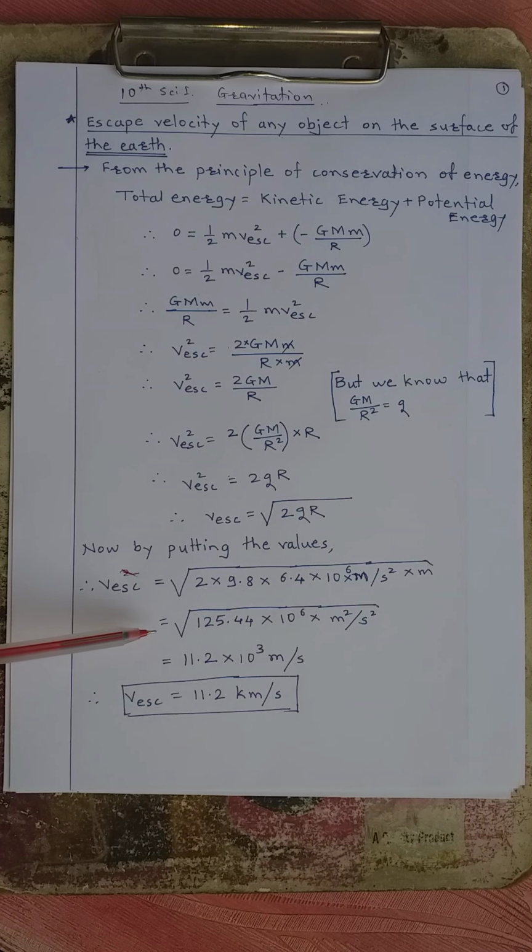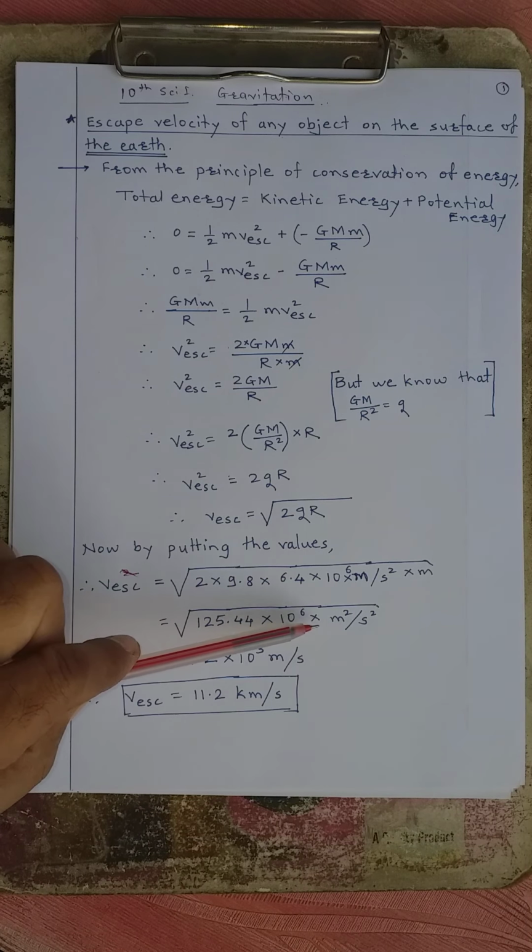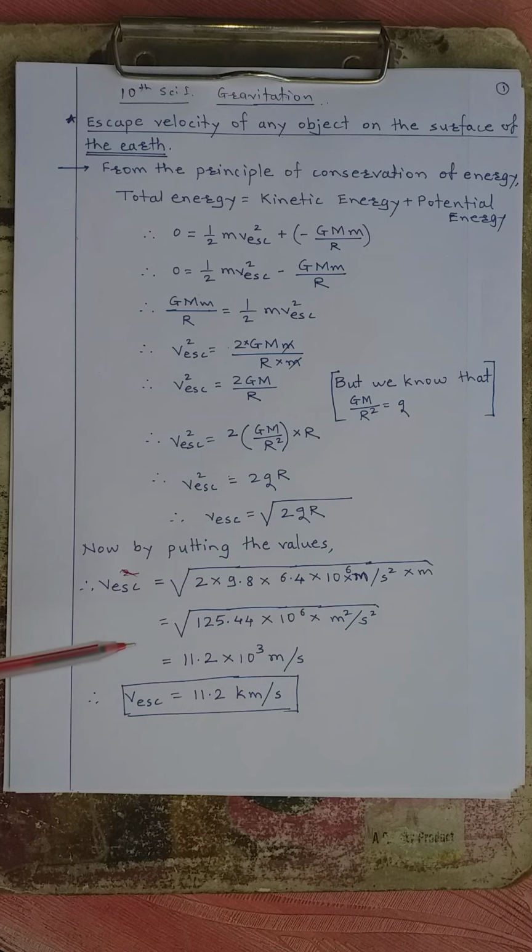Now it is equal to the square root of all these values multiplied by each other, and its value will be 125.44 into 10 raised to 6 into meter squared per second squared.